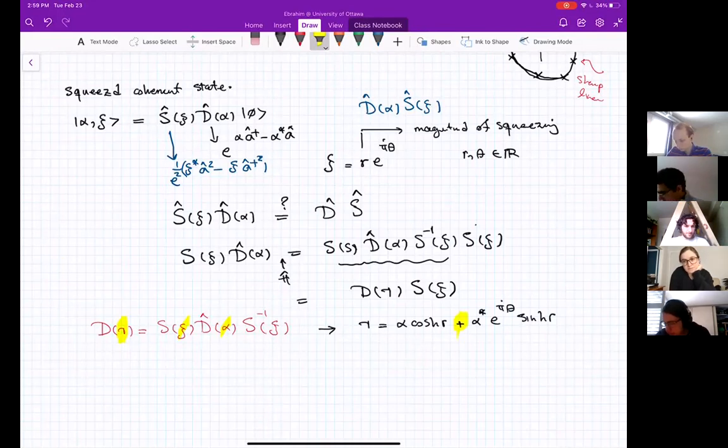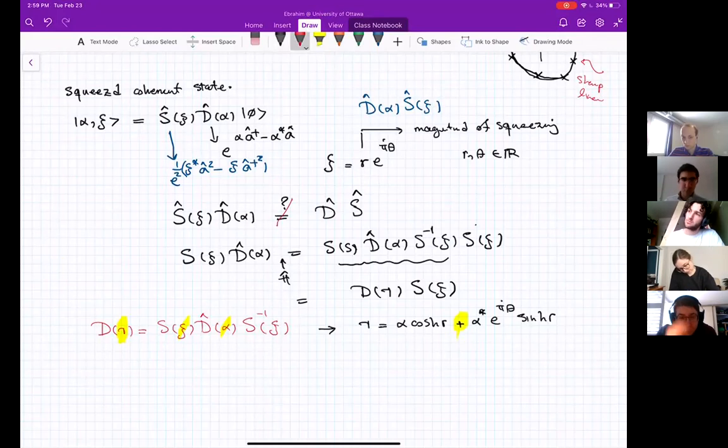Okay. So Manuel, that's your answer. Essentially, yes, you can do it, but now the squeezing parameter and the displacement parameter are changed to a new quantity. Okay, but the proper answer is no, you cannot do that.